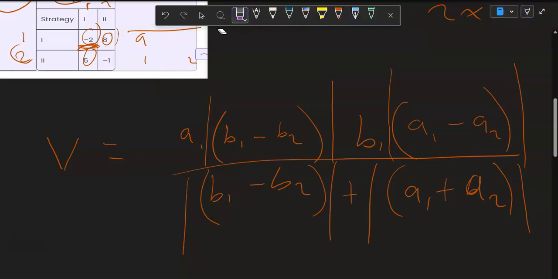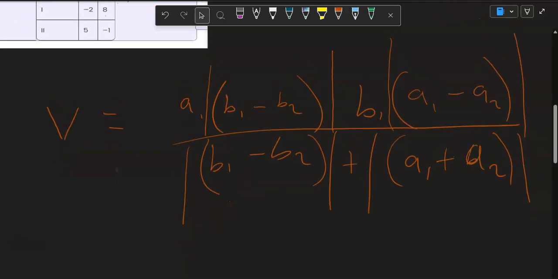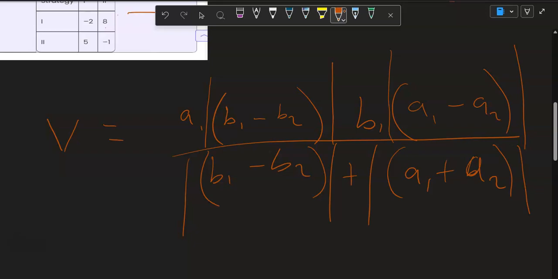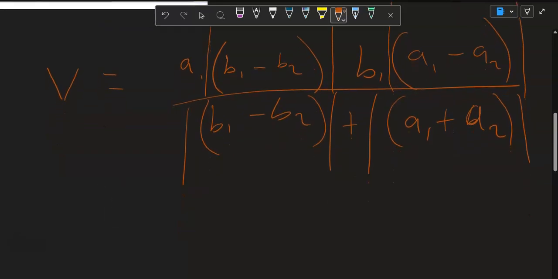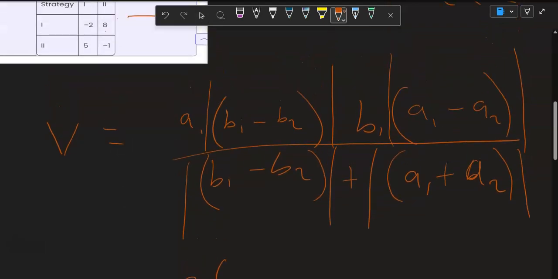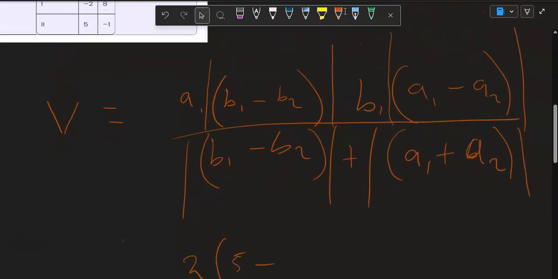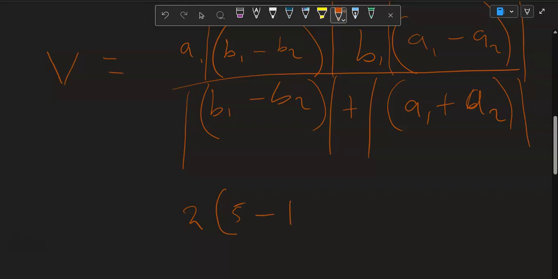Let me clean that up. So what we are then saying is, if we are to replace, we know that A1 is -2, and we are ignoring our negatives basically. So we have 2, open brackets. What is our B1? B1 is 5. We have 5 minus B2, which is 1, or -1, but we ignore the negative.